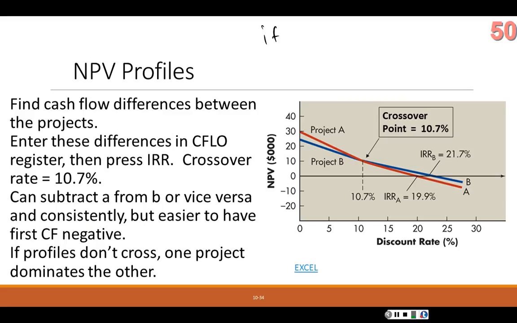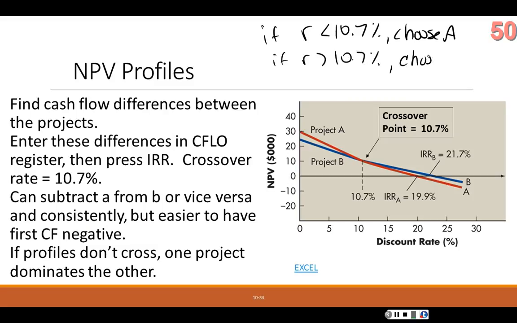So what does this mean? It means that if the discount rate is less than 10.7%, you would choose Project A. If it's greater than 10.7%, you choose Project B. For normal independent projects, if the net present value says accept, then the internal rate of return is going to also say accept.